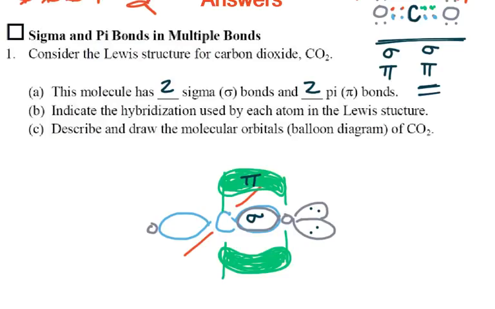So for this oxygen, I'm going to do 120 degrees, but I'm going to do it in the plane of the board. And that means I have room for my p orbital to go like this. So I'm going to put my lone pairs into those orbitals there. This is a sigma bond. And then the pi bond is going to be these p orbitals blending together in front of the molecule.